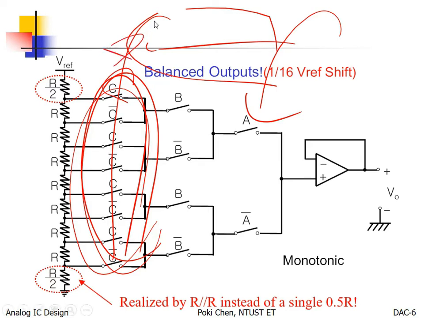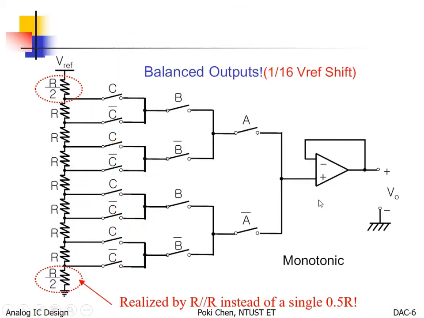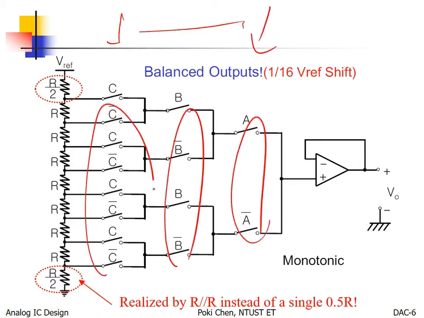Okay? And to make matters even worse, 更糟的是啥？ For all the inputs, LSB to MSB, to turn on, turn off, all those, right? In theory, you had better turn all those switches on and off at the same time. Exactly.